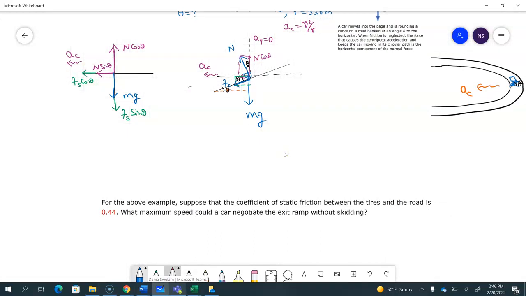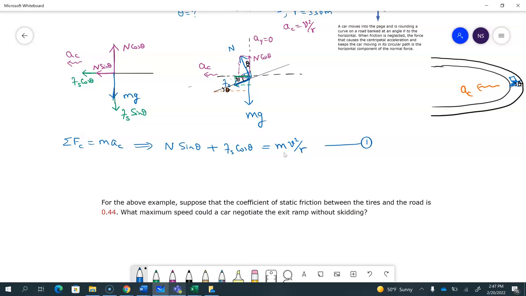When I do that, if I say the sum of all the forces towards the center is mass times acceleration, that will give me the total force n sine theta plus Fs cosine theta. The two of them together give the centripetal acceleration a_c, which is v squared over r. So that gives me one equation, right?